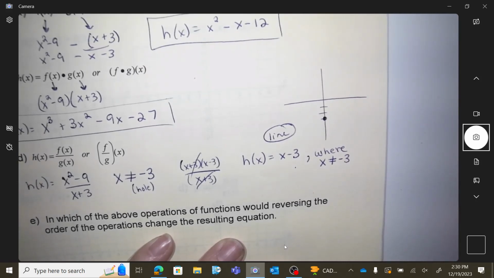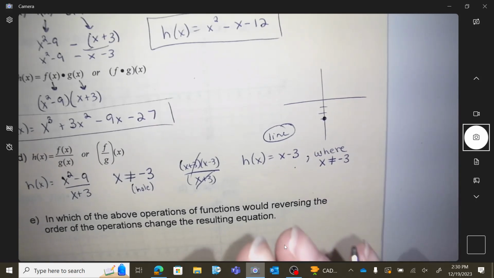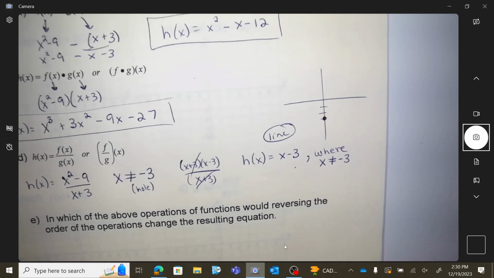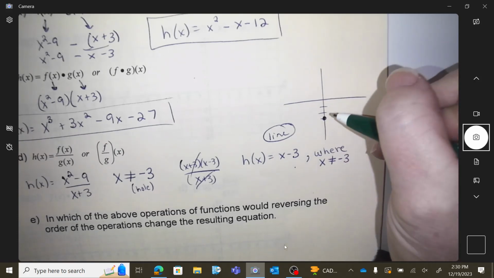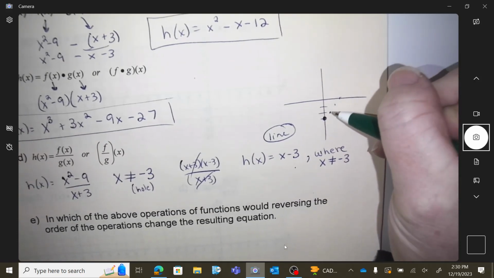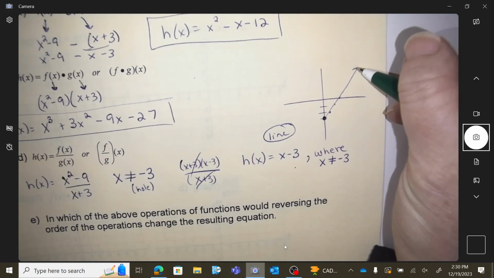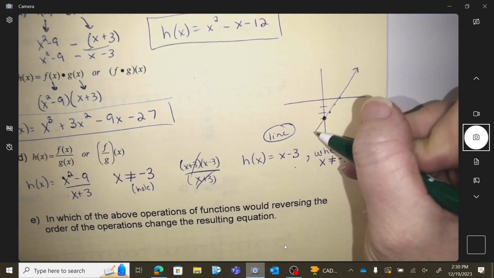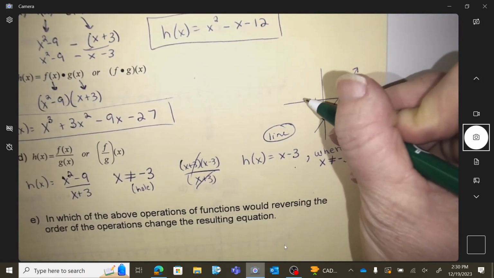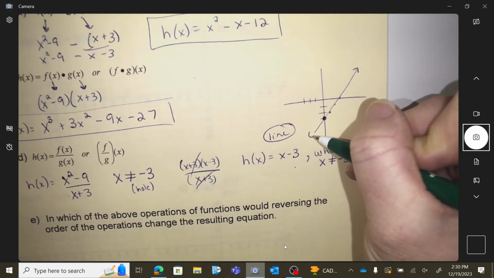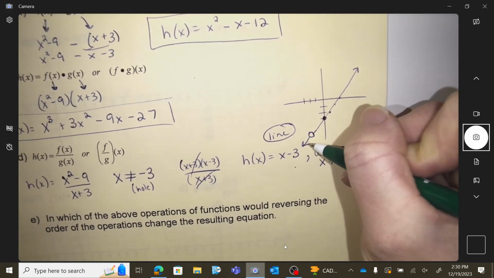The y-intercept is -3. And it's a 1x. So what do you do with 1x? Staircase. But what else do we know here? At -3, there's a hole in our line.